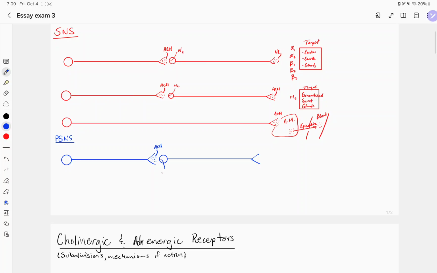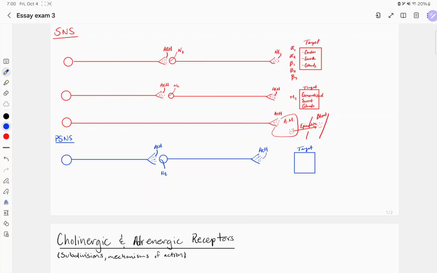We have our receptor to acetylcholine, nicotinic 2. And we have our postganglionic neuron releasing neurotransmitters, acetylcholine, again. And that will go to the target effectors, whatever they may be.